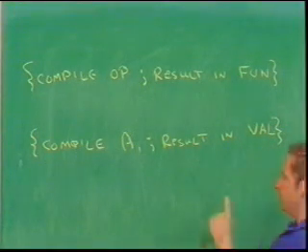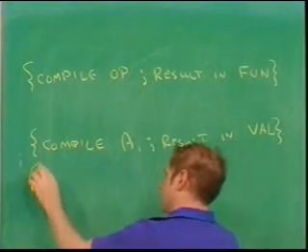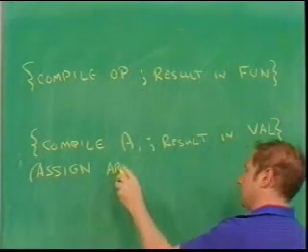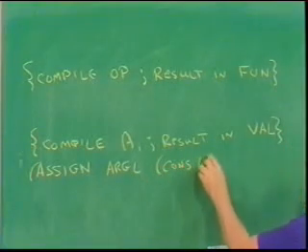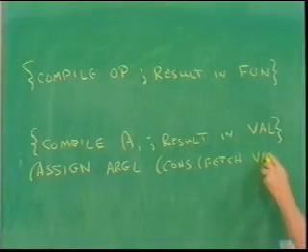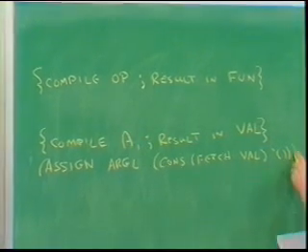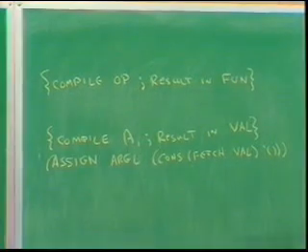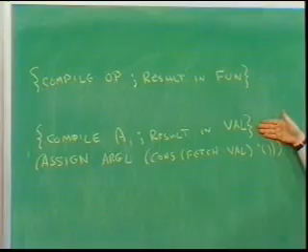And then what it's going to need to do is start setting up the argument list. So it'll say assign to argl const fetch, so it generates this literal instruction: fetch a val onto empty list. However, when it gets here, it's going to need the environment.